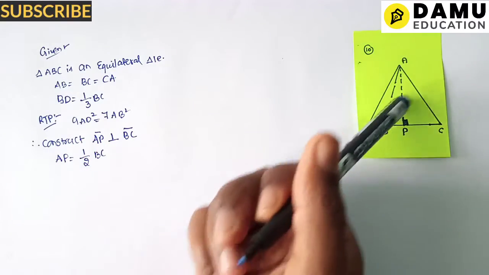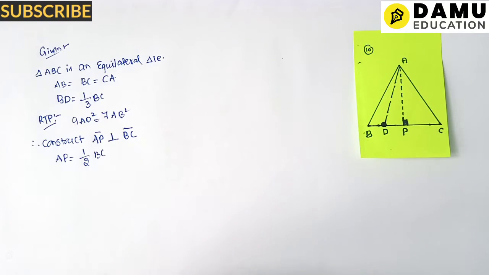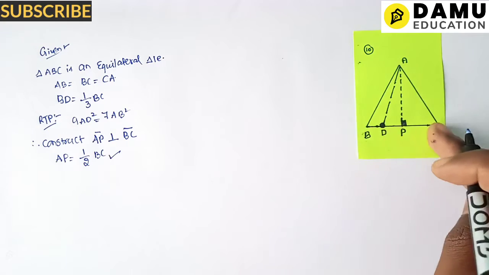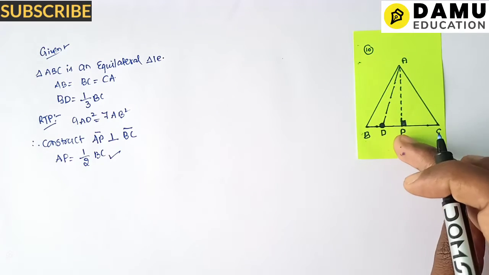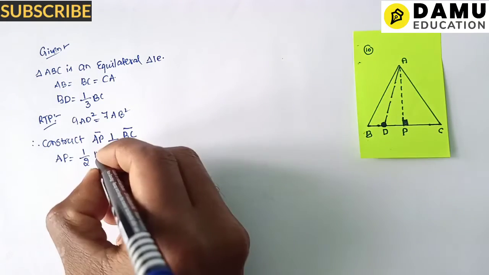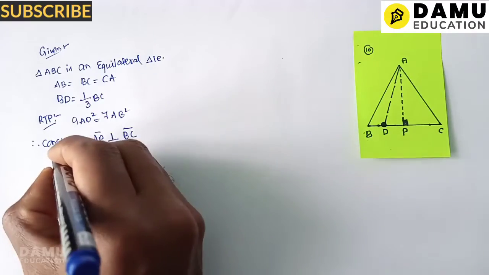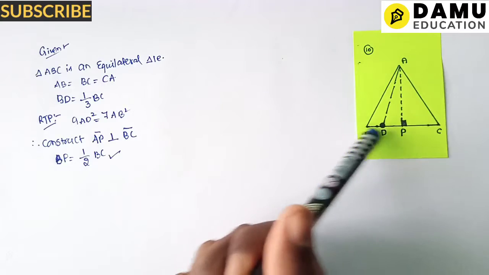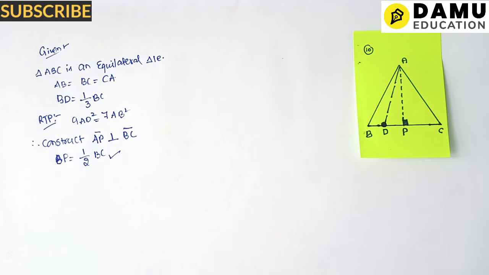So that is what we have taken. Sorry, it is BP that will be equal to half of the BC, not AP. So AP is an altitude. That is the construction.